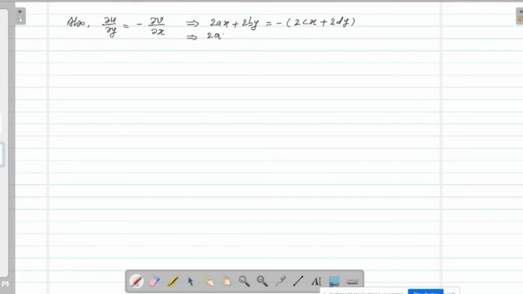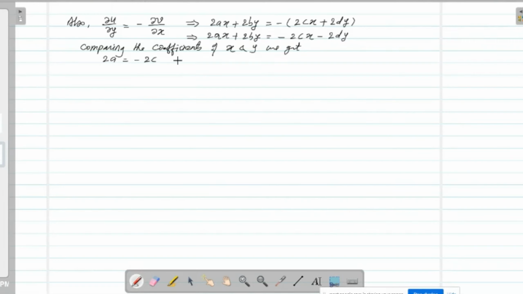So 2ax plus 2by equals, multiplying the negative inside the bracket, minus 2cx minus 2dy. Now comparing the coefficients of x and y, we get: the coefficient of x is 2a, and here the coefficient of x is minus 2c, so 2a is equal to minus 2c.